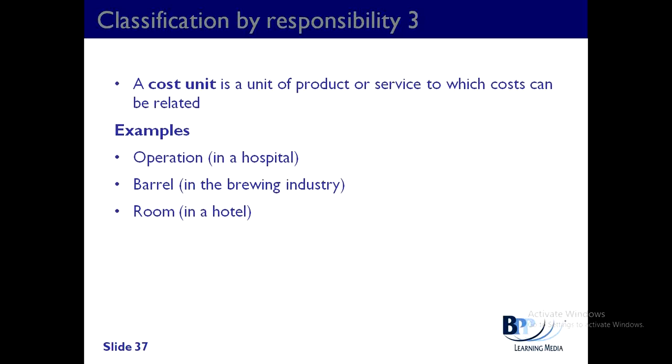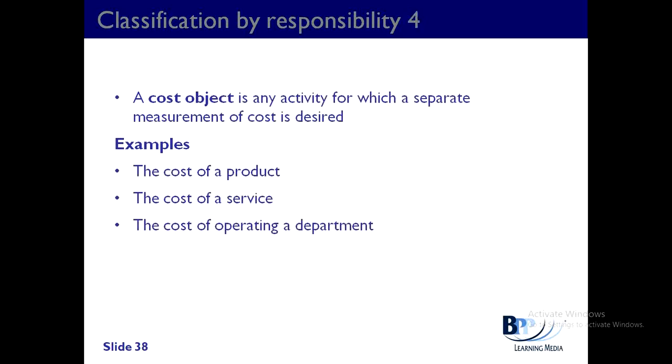The unit cost is the cost of that unit of a product. The cost unit is simply the unit of a product. So for example, if a hotel room costs $200 to operate, the hotel room is a cost unit. The $200 is a unit cost. So that's the difference between the cost unit and the unit cost.